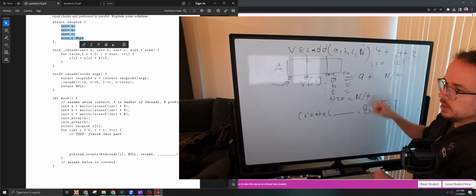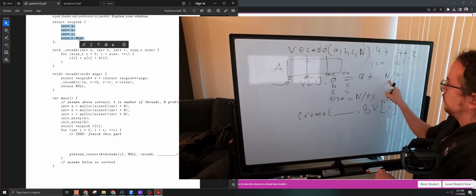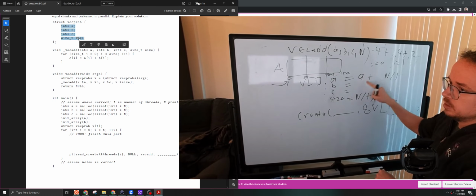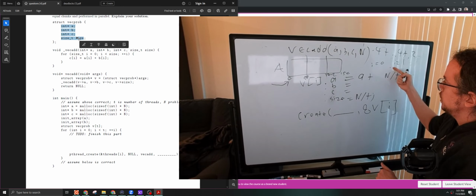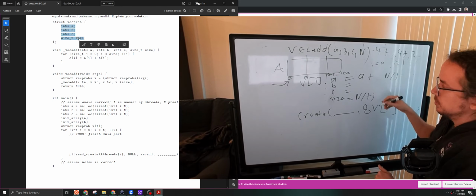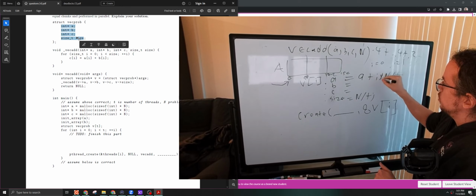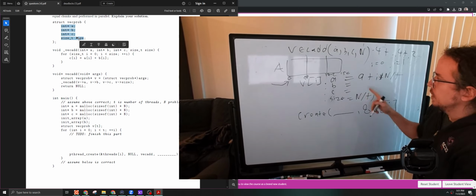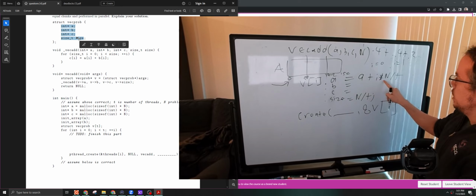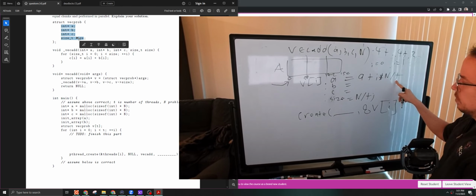But there's something missing. If we do this, this is going to be a plus 50 for this, and a plus 50 for this, and a plus 50 for this. We need to use I somehow to tell us what to do. And all we really have to do is multiply by I. A plus I times n over t.